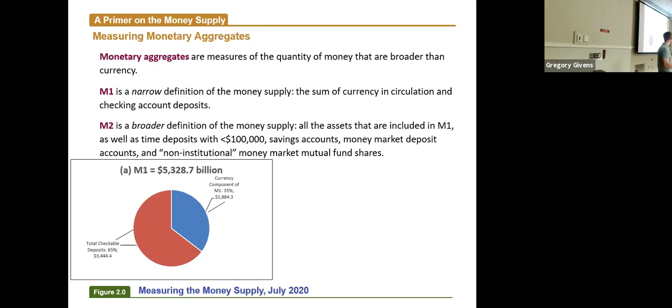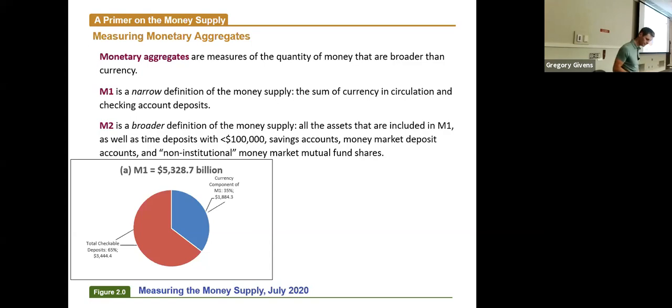A great portion of this, I'm not sure exactly how much, is actually held by people in other countries and other central banks. For example, Venezuela is going through this hyperinflation that they can't seem to escape. And a lot of transactions are conducted with US dollars down there instead of Venezuelan bolivars because they don't retain their value.